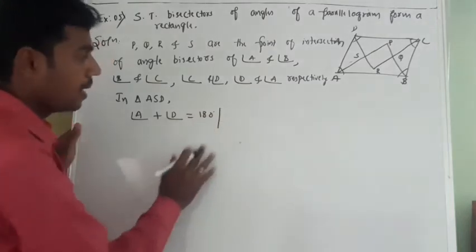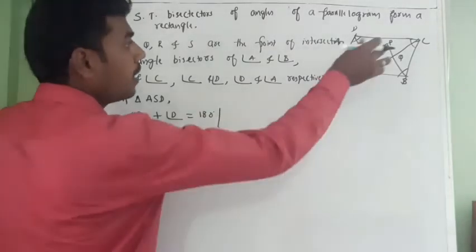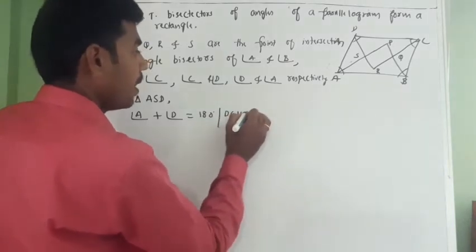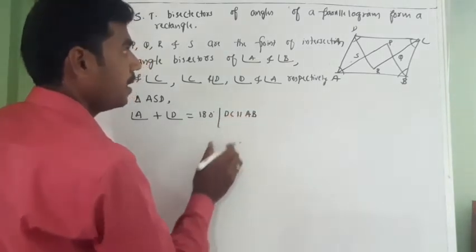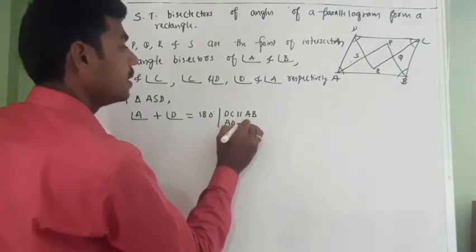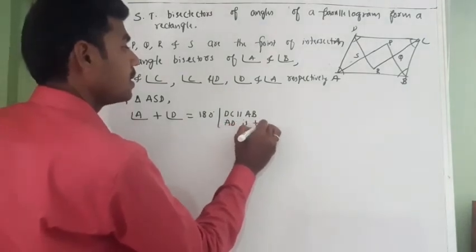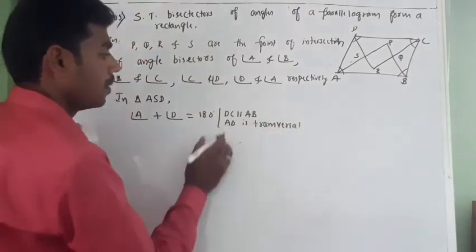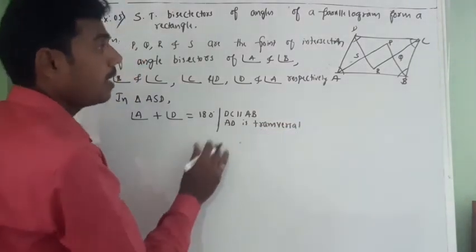Why? Because BC is parallel to AD, and AB is a transversal.